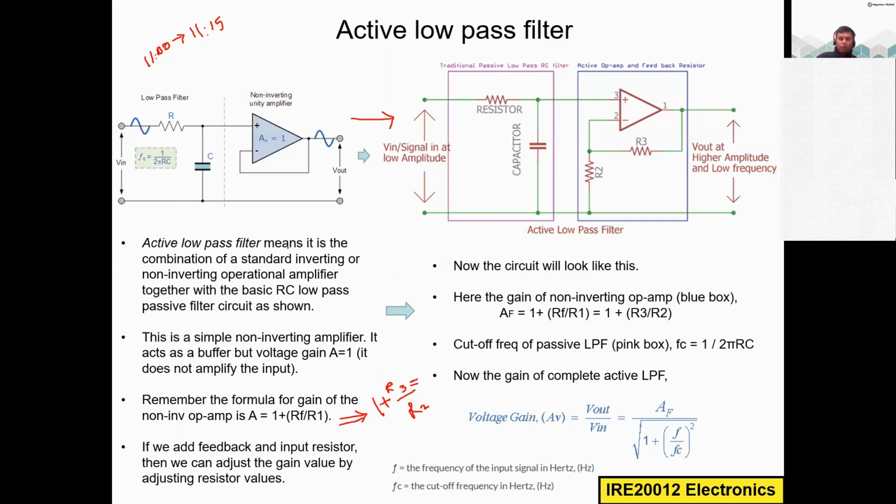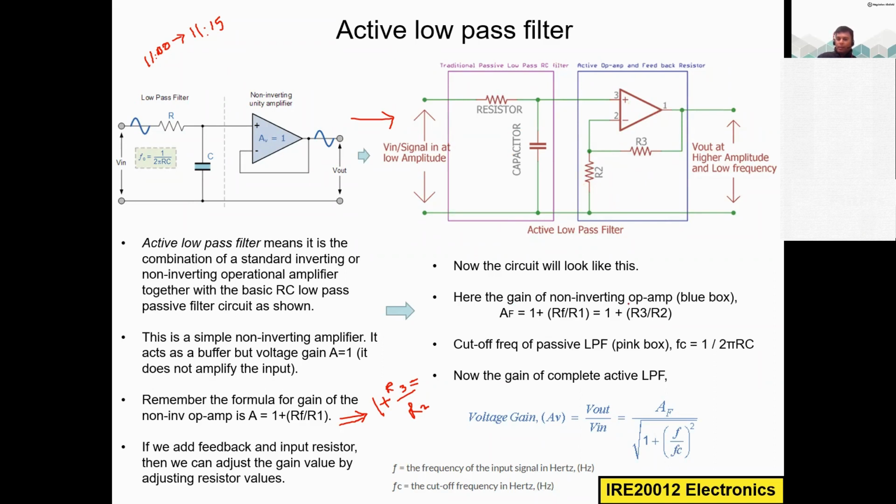Now you know the output or the gain of this operational amplifier. Since here it was unity gain, we just changed it and added these resistors, and this low pass filter is the same. So this is the complete first order active low pass filter. The final design of this active low pass filter will look like this.